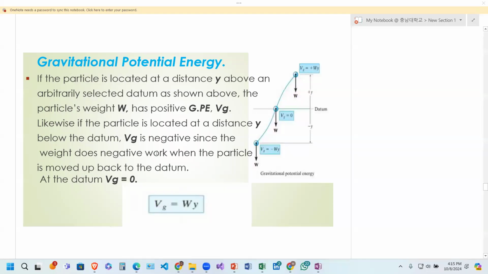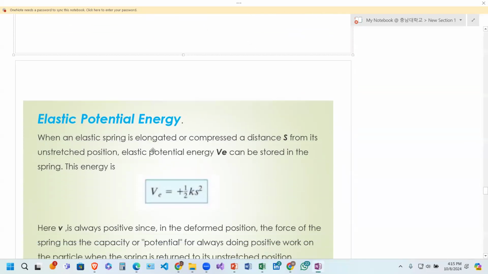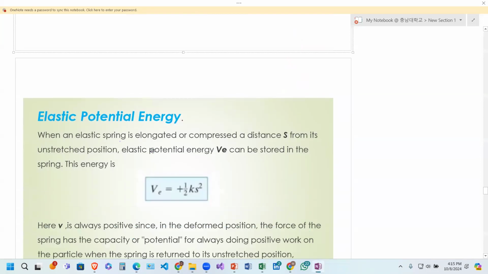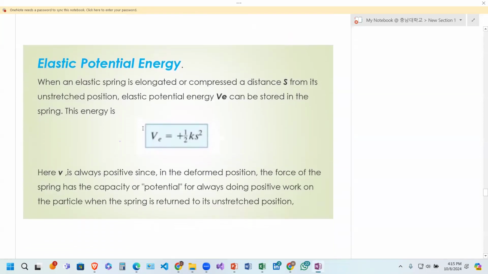Perfect. Now, let's look at elastic potential energy for the spring. When an elastic spring is elongated or compressed for a distance s from its unstretched position, elastic potential energy, which we are going to call VE, can be stored in the spring.